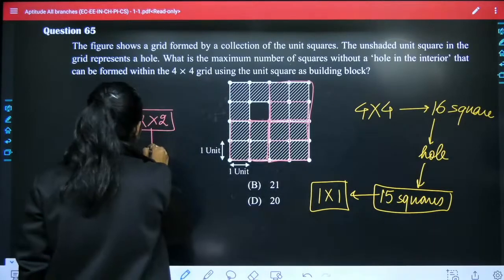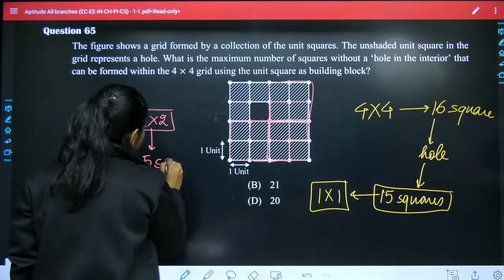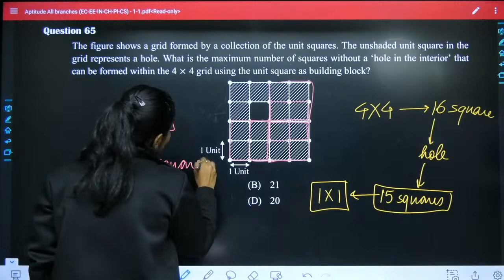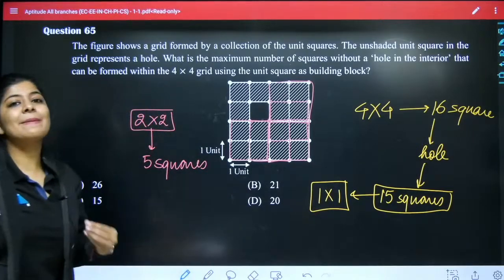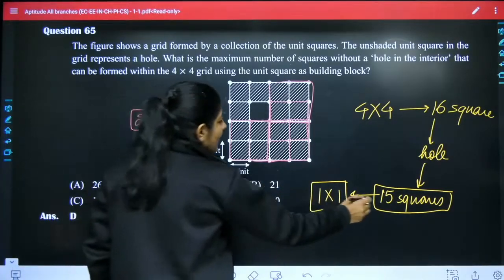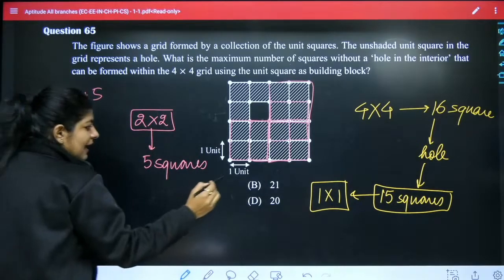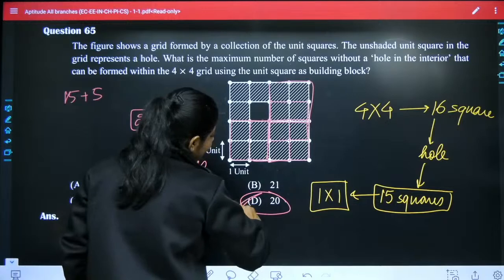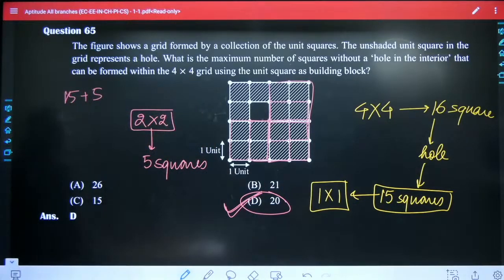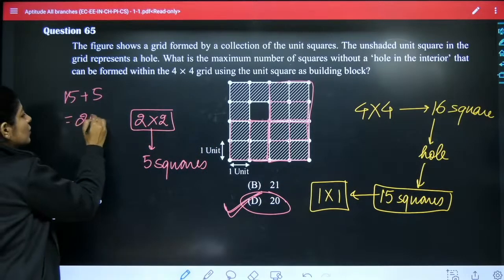So if we talk about 2 cross 2, we also have 5 squares here. So we need to calculate the maximum number of squares. The maximum number of squares is equal to 15 plus 5, which is 20. So the correct answer is option number D.